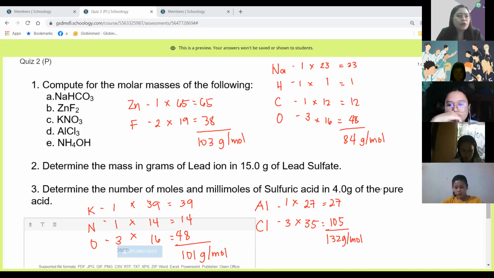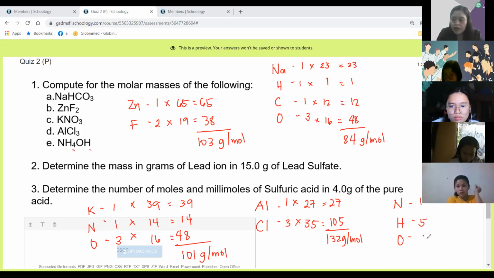And lastly, letter E, we have ammonium hydroxide. So again, letter E is ammonium hydroxide. So you have nitrogen, hydrogen, and oxygen. We have 3 elements here, 1 atom for nitrogen. For hydrogen, this is a total of 5.